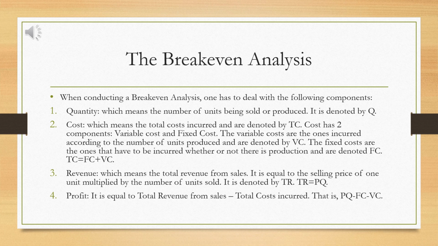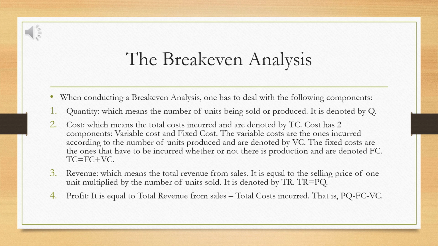Cost has two components, variable costs and fixed costs. The variable costs are the ones incurred according to the number of units produced and are denoted by VC. The fixed costs are the ones that have to be incurred whether or not there is production and are denoted by FC. TC equals FC plus VC.